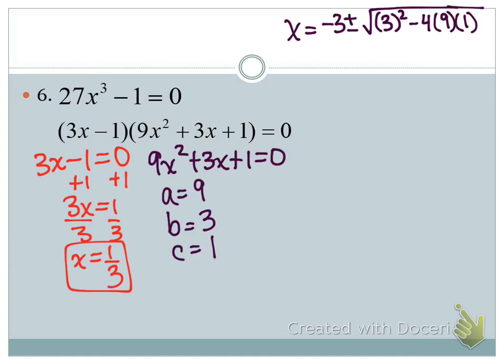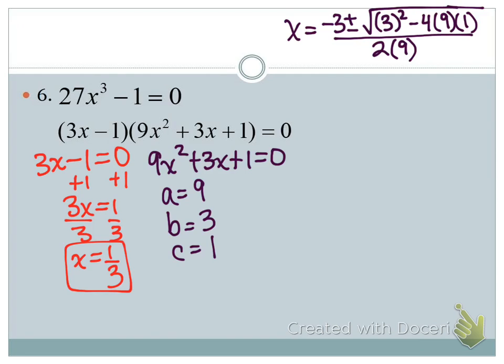Good. All divided by 2 times 9. Negative b plus or minus the square root of b squared minus 4ac all divided by 2a. If you don't have that memorized yet, you need to go to bed saying it over and over again until it's just seared into your brain.